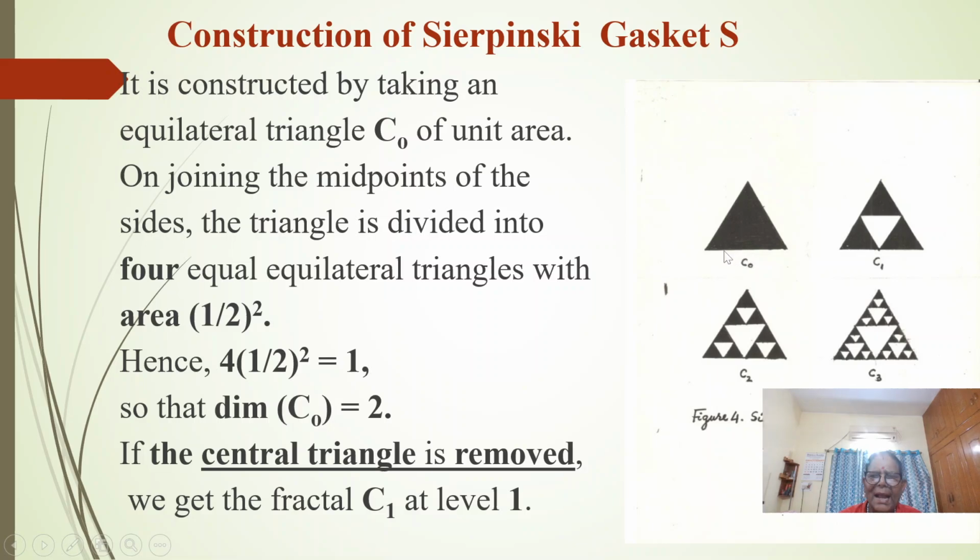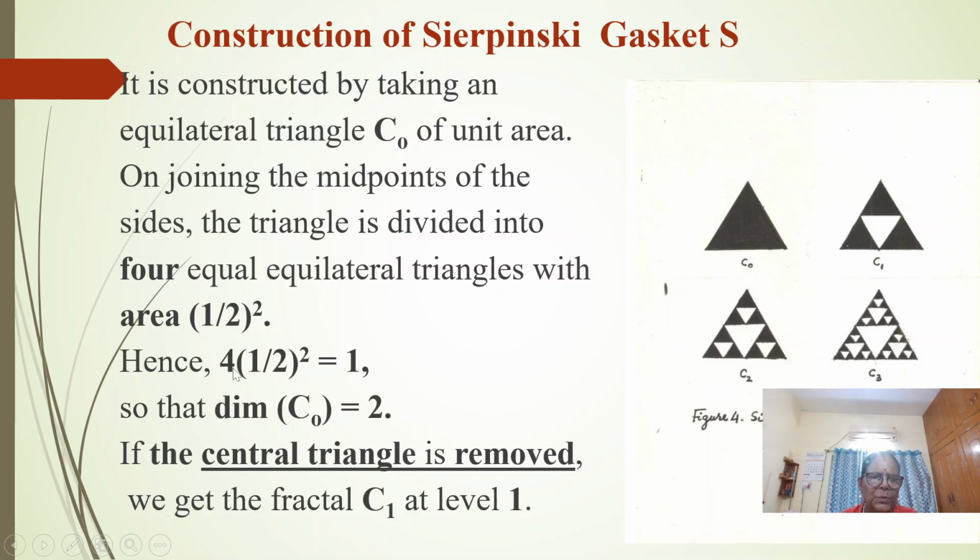So, we know that the area is measured by half of base into height. So, the base and height of all these 4 triangles are half of the original triangle. So, it is divided into 4 equilateral triangles with area (1/2)².